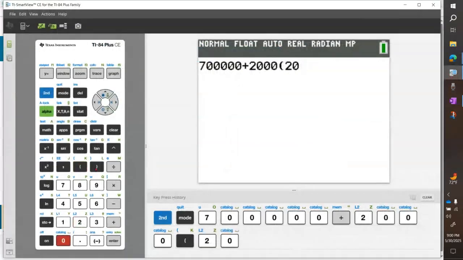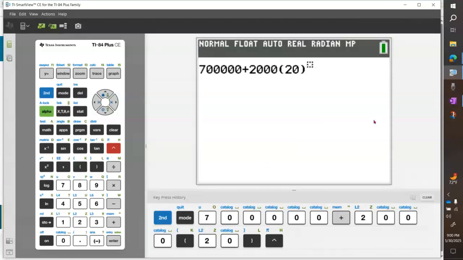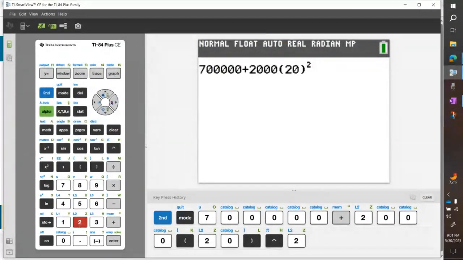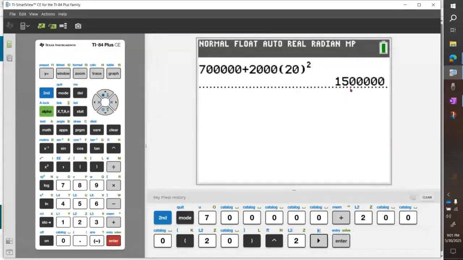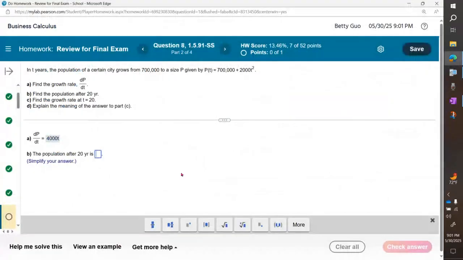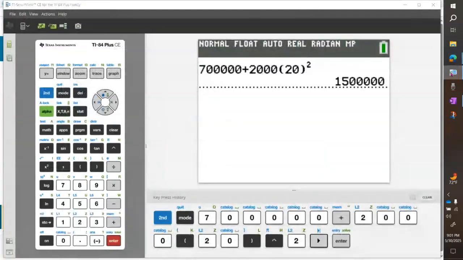Plugging in 20 to the power of 2, we got 1,500,000. 1.5 million. We should have 5 zeros here. Yep.